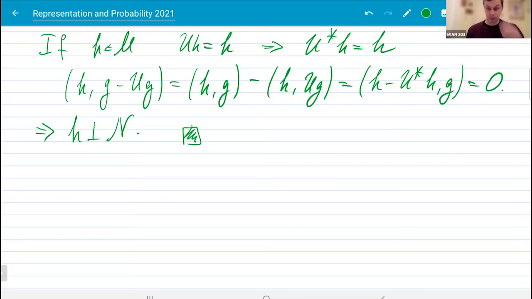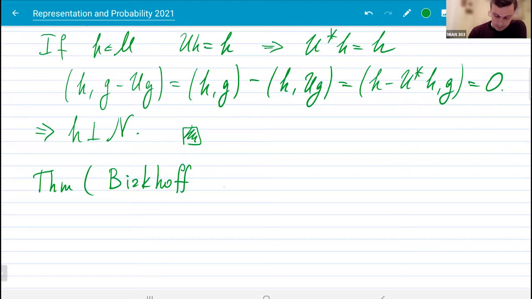And the other ergodic theorem, the Birkhoff ergodic theorem, is more or less the same, but for the convergence almost surely, for pointwise convergence. Let me write it down.